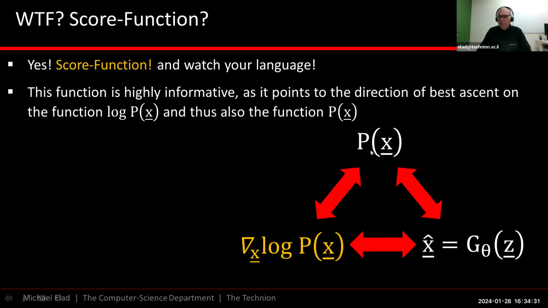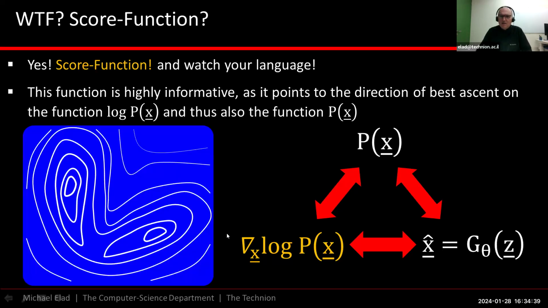So a peak in P of X will be a peak in log P of X, etc. So the gradient is basically a vector that points to the direction that goes the fastest to the nearest peak, basically climbs the fastest. So if this is in 2D, an illustration of P of X, where this is a peak and this is a peak and this is a valley, and you put me here, the gradient of log of P of X points to the direction that goes up the hill in the fastest possible way.